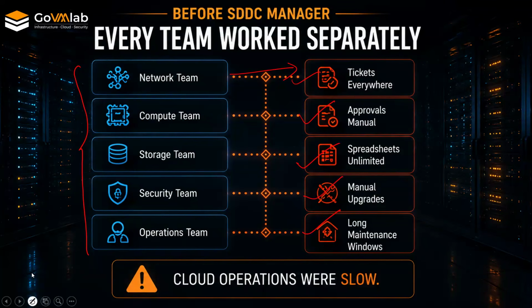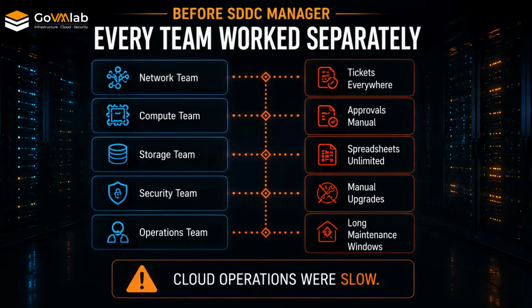That's the problem, where every specialist team is working in their own silo and trying to coordinate with approvals of tickets, processes, and spreadsheets, slowing down the upgrades and increasing the maintenance window.